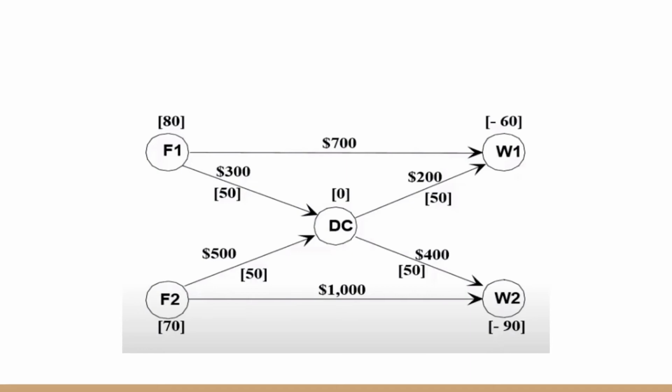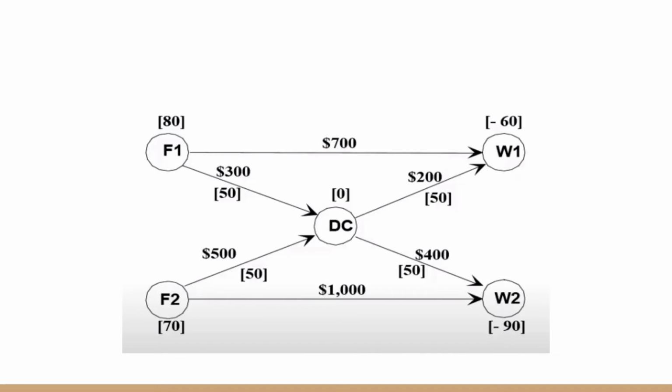Next to each node, in the square brackets, is a representation of the amount of capacity available in the case of the factory. But you notice the negative numbers corresponding to the warehouse nodes: negative 60 on W1 and negative 90 on W2. So basically, as I talked about before, those numbers are the demand nodes.